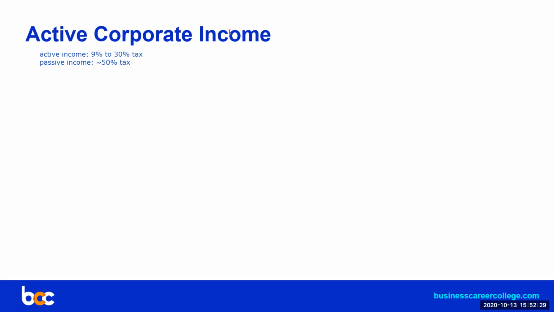Now, the most common scenario you're going to run into here, and this ties into a question that came up earlier, the most common scenario you're going to run into that's passive income is rental income. Okay, rental income is passive unless you have more than 5 full-time employees working in the rental business. And they also can't be your family members.